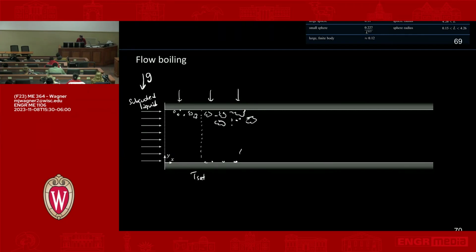You might get a bubble that moves up from the bottom to the top, but you have a difference between the top and the bottom. And that's because of gravity. The liquid wants to stay on the bottom, the bubbles want to stay on top, just because of the density difference. So this is called the churn region, where this is occurring.